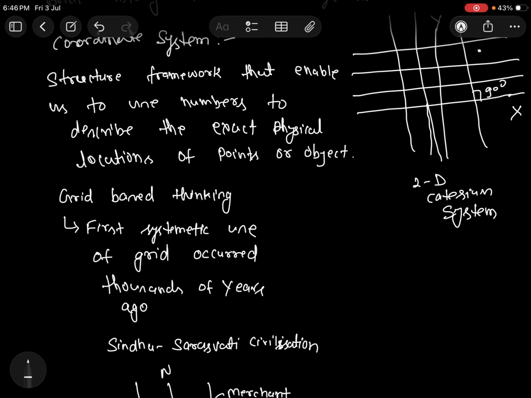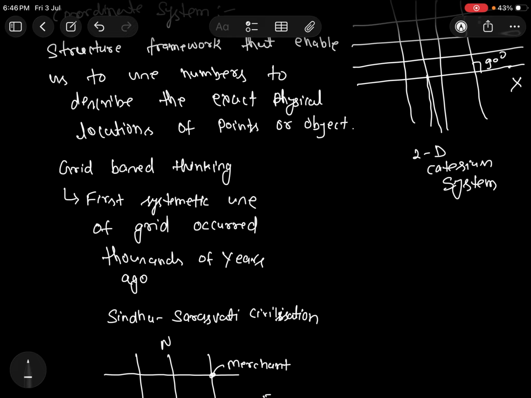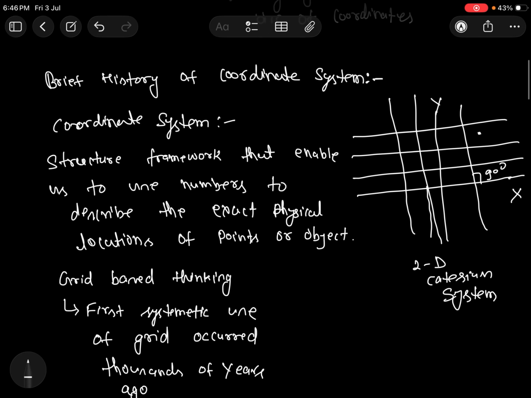So in this brief history chapter, we only discuss the evolution, how we evolved to modern coordinate systems, and the role of many scientists and how their ideas and innovations were used for developing any particular type of coordinate system.